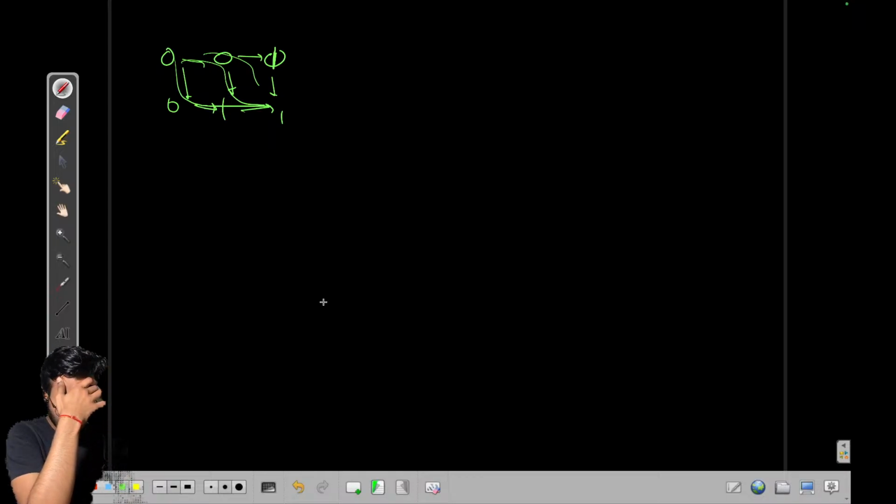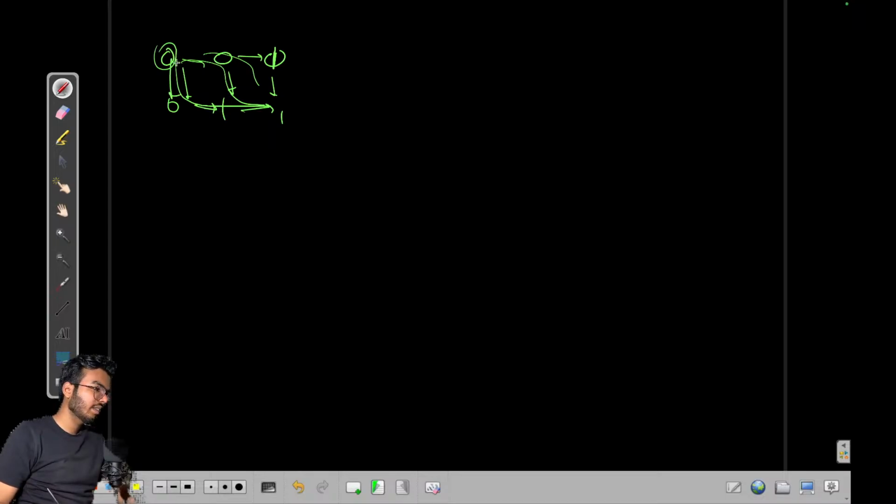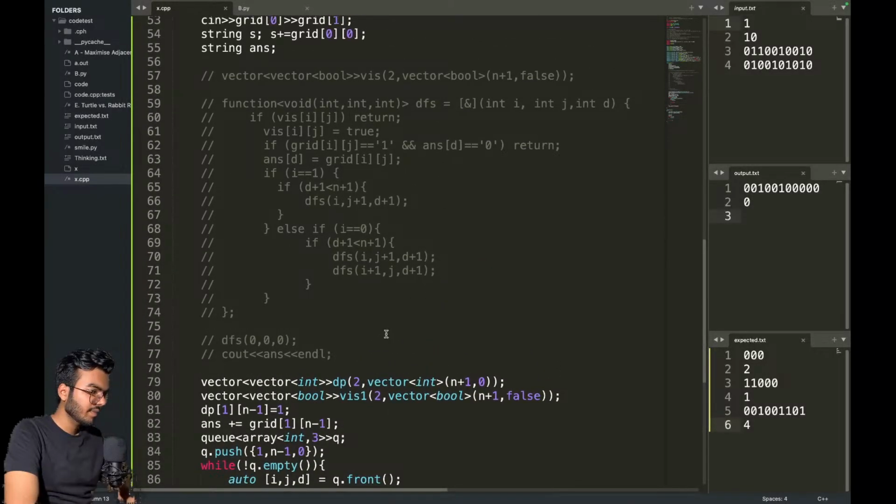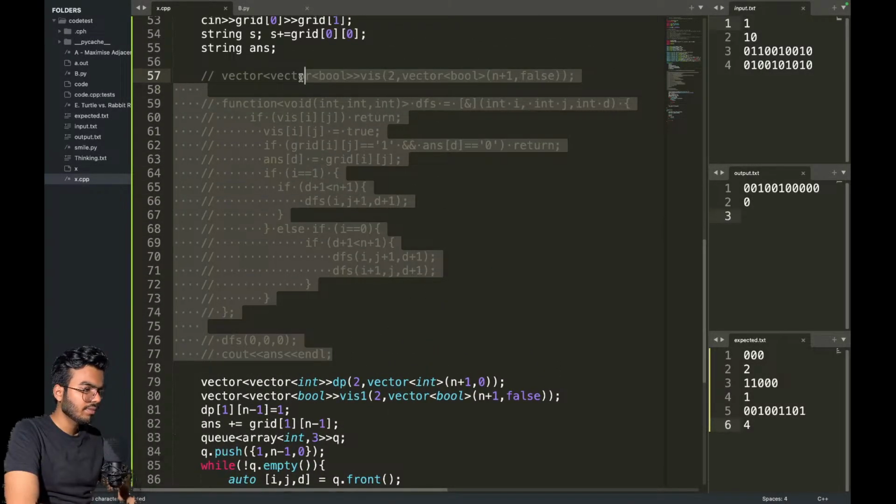And this is clearly a dynamic programming problem. I can't choose it greedily. Like, if I'm here, then let's go to the next 0. Can I choose it greedily? Let's actually try to choose it greedily. So if I'm at a 0, then let's take any of the zeros.